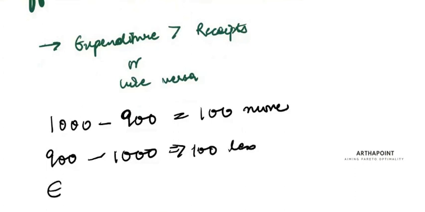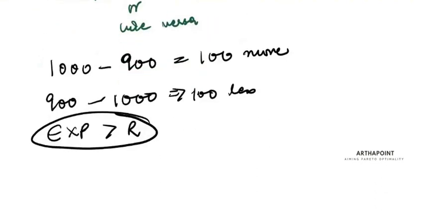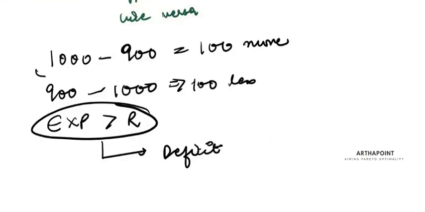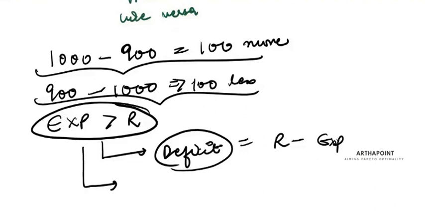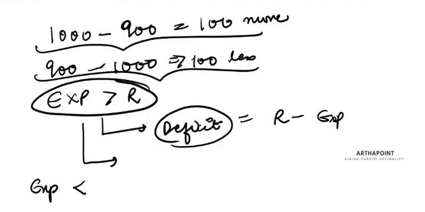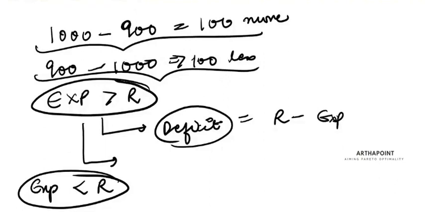If the expenditure of the government is greater than the receipts of the government, if it is spending more and earning less, then the government is said to be in deficit. Usually, we don't write it like this. We do the opposite. Usually, deficit is revenue minus expenditure. If the expenditure of the government is less than the receipts of the government, the government is earning more but spending less, then the government is said to be in surplus.